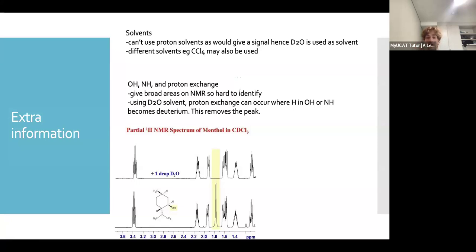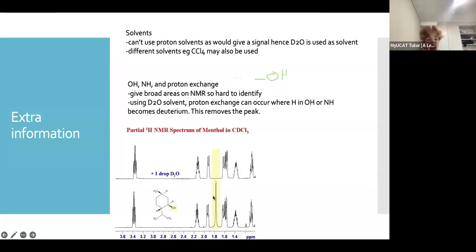And what that does on the NMR trace is it's going to remove the spike from the OH or the NH group. Whereas if you dissolve it in a different solvent, the OH group or the NH group is going to produce a spike on the spectrum.